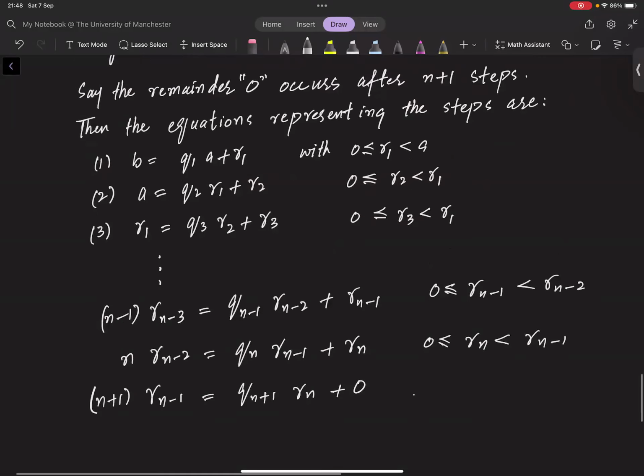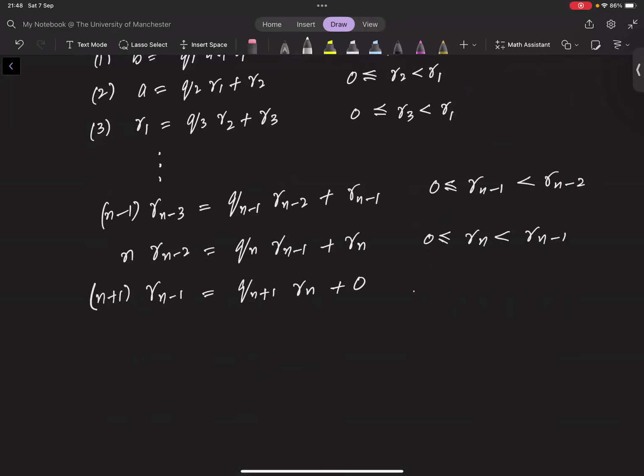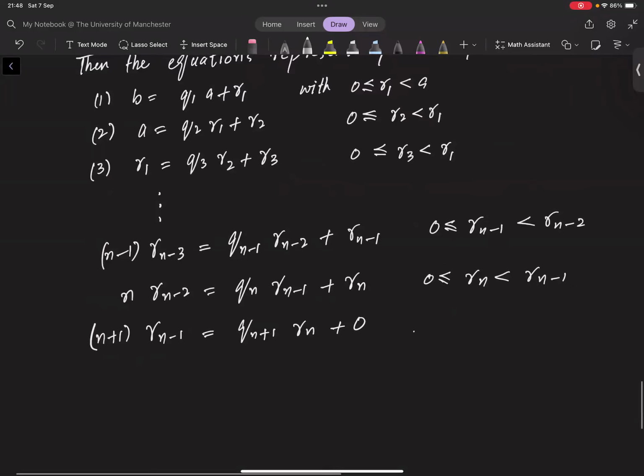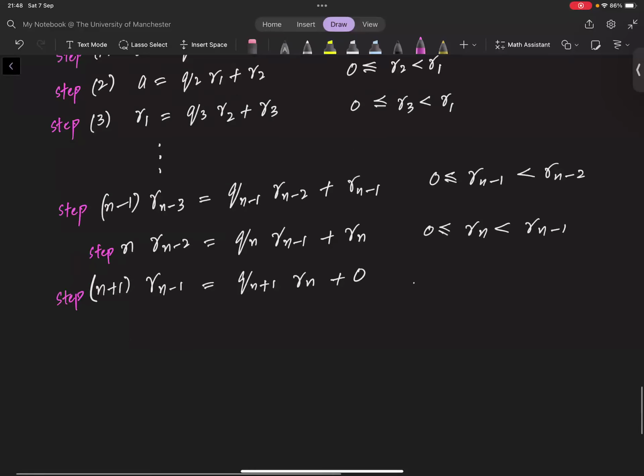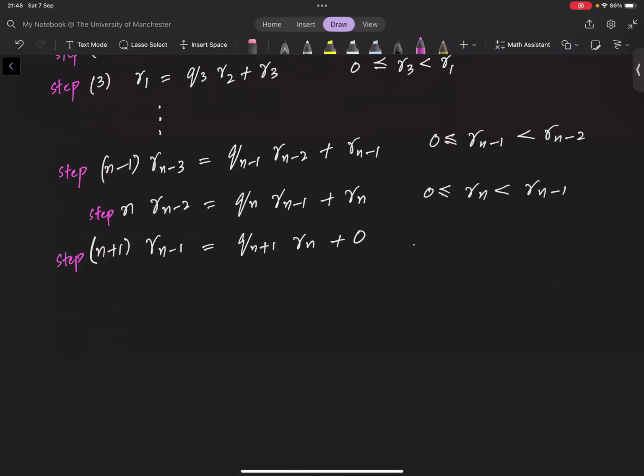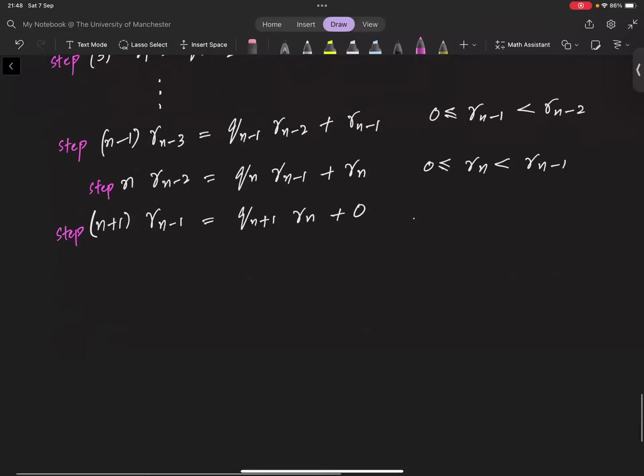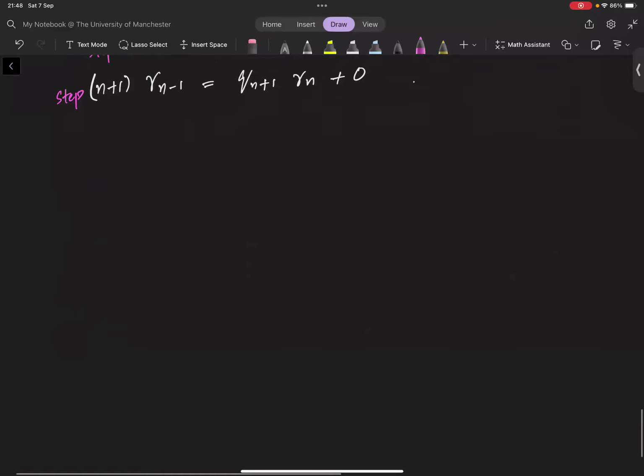So these are the number of steps: step n minus 1, step n, and step n plus 1. Okay, this is the final step, n plus 1. Perfect.